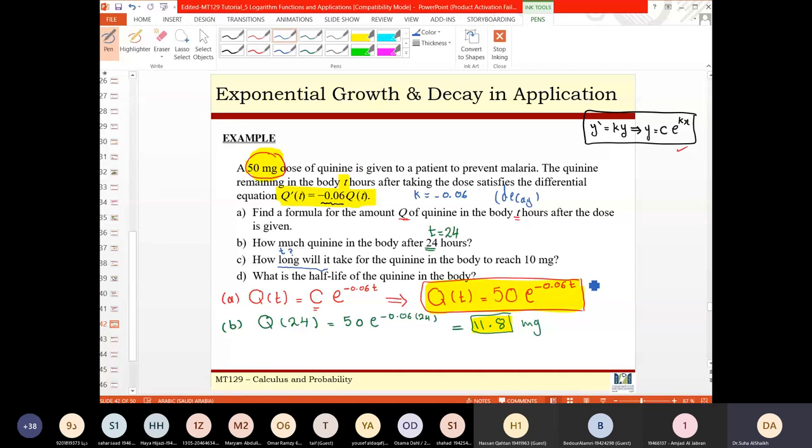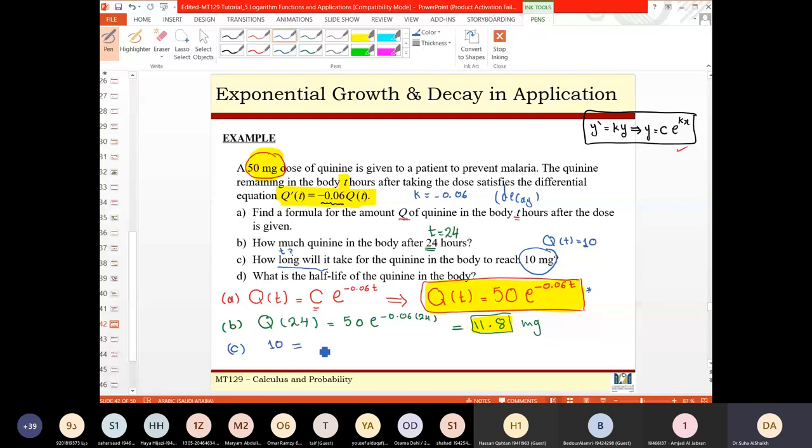The C now, they are asking how long it takes for the quinine in the body to be 10 milligrams. They want the T so that Q at that T will be 10, isn't that what they are saying? This is what they are saying. What will be the time so that Q of T becomes 10? So this formula, I have the formula here. I'm going to use it. I remove Q of T and put 10 in its place.